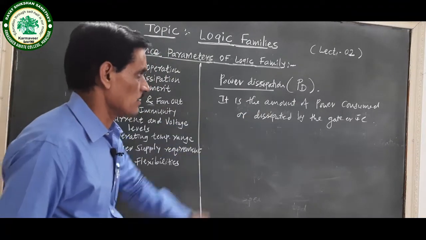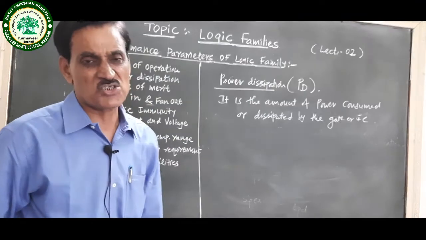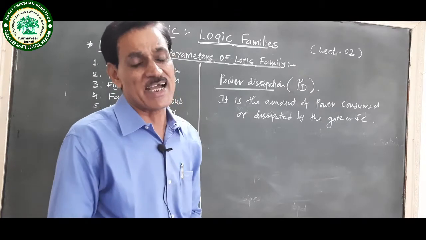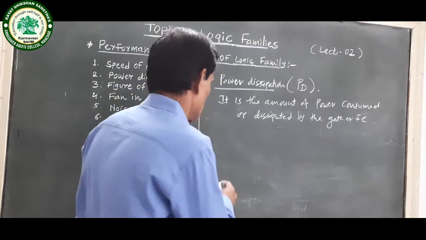As far as power dissipation is concerned, it is the product of supply voltage and average current.